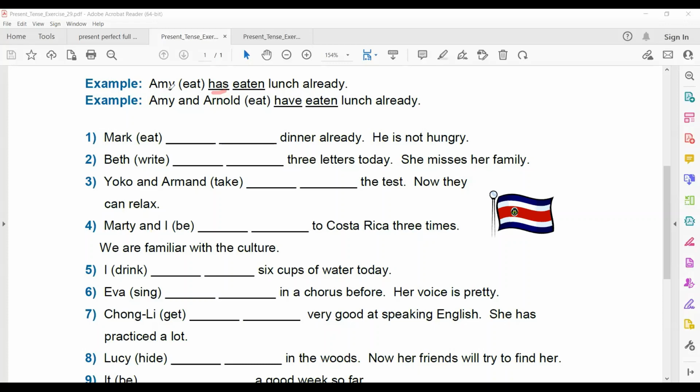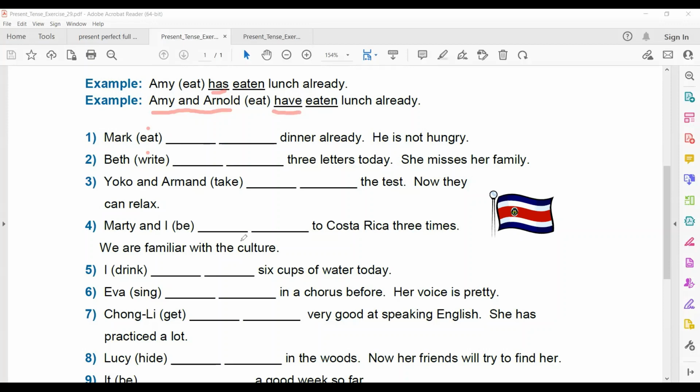Has, if this is one person, like Emmy, and have, if there are two or more people. Has or have, you have to decide. And of course, you have to decide what is the correct form of the verb in present perfect.